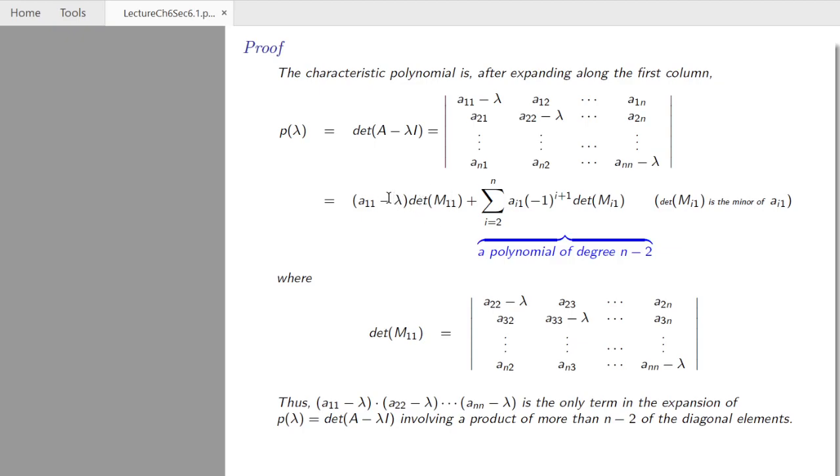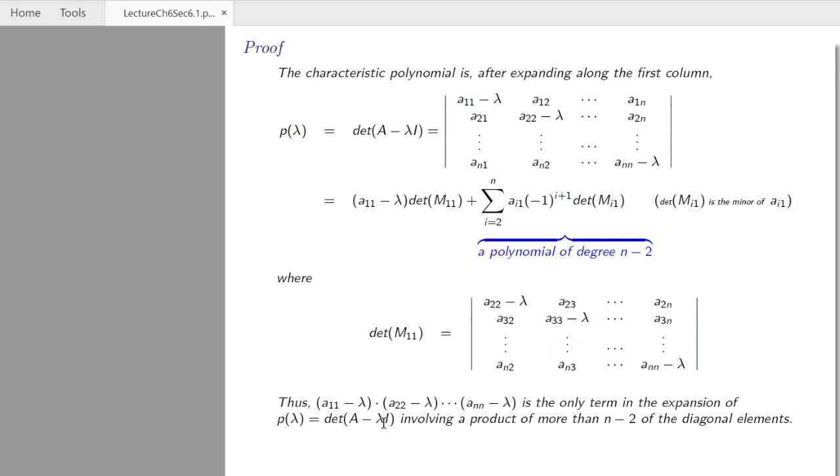The first one, A11 minus lambda, times the determinant of M11 has degree n minus 1. And for M11, if we expand according to the first column, then we get A22 minus lambda times the determinant of the remaining part, and continue this way.